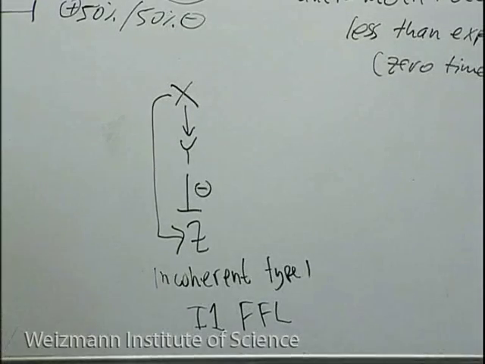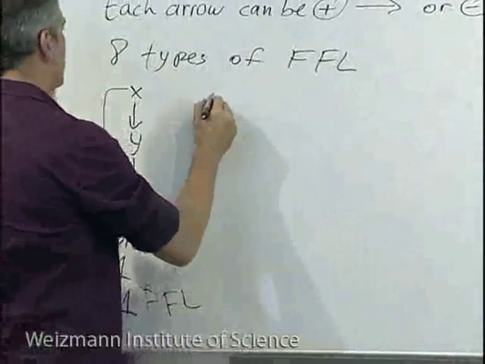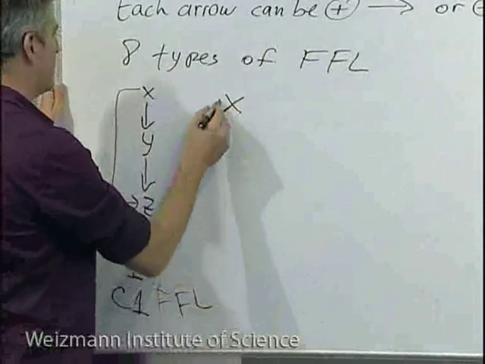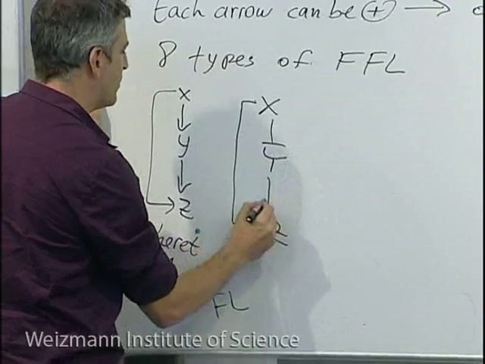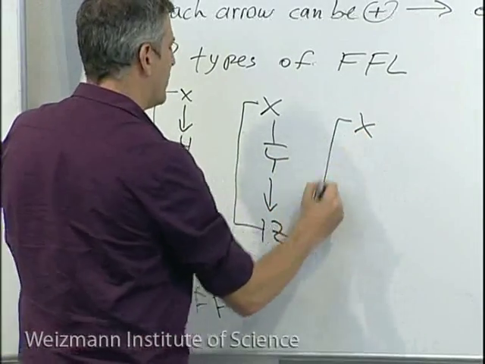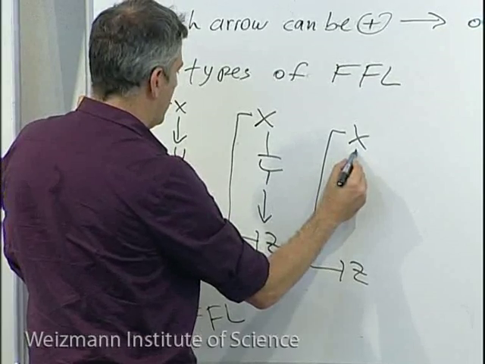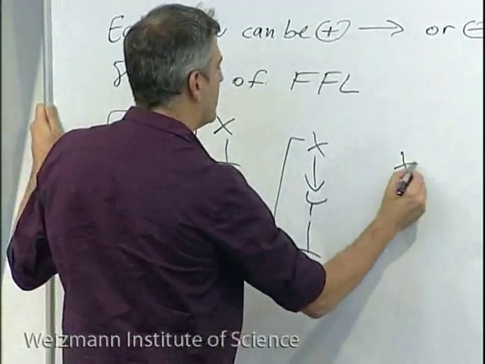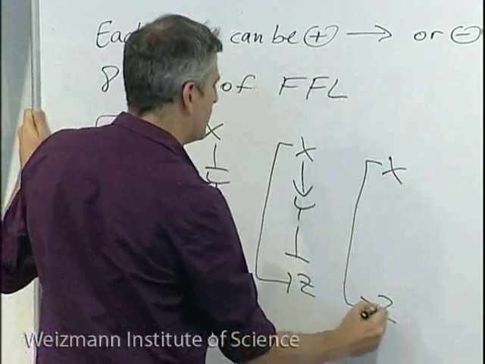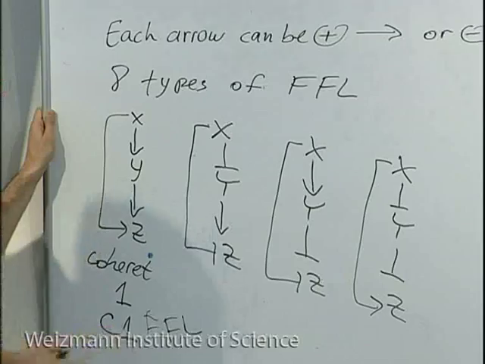These are 2 possibilities, and there are 8 possibilities in total. So I'll try to draw the coherent ones. X can repress Z, and at the same time repress an activator of Z, or X can repress Z, and at the same time activate a repressor of Z, or X can activate Z, and at the same time repress a repressor of Z. This is also activating.